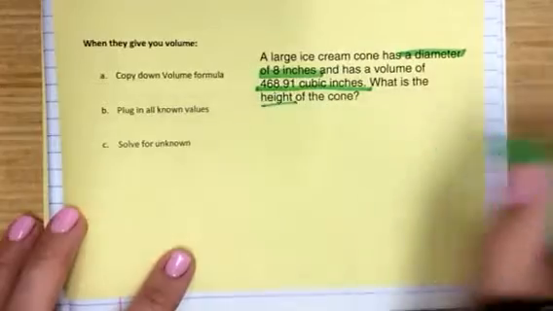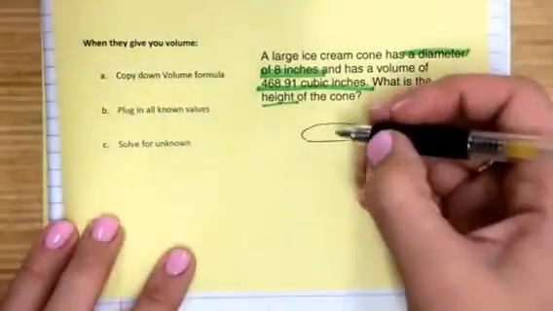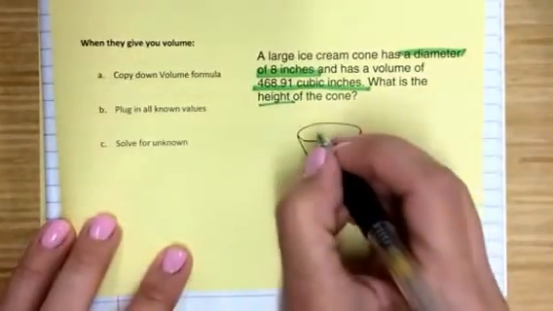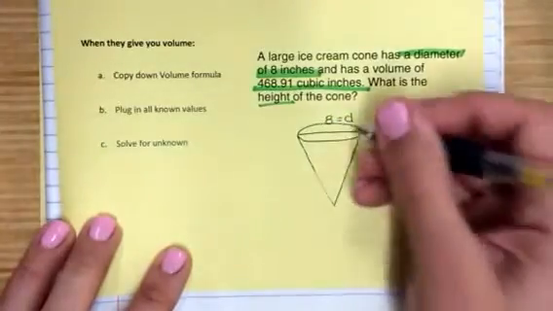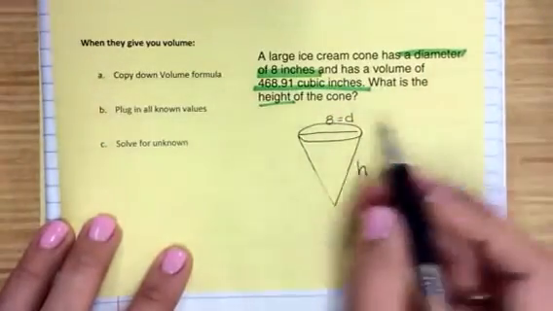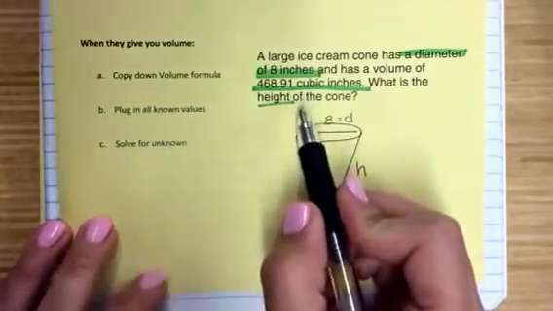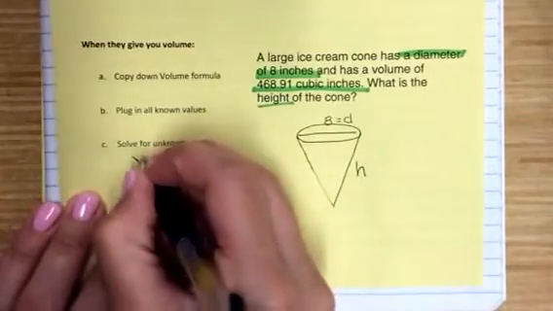What is the height? So let's draw our cone. I have a diameter of 8, and I do not know the height. That's what it's asking you. They do give you the volume, so you need to copy down your volume formula.